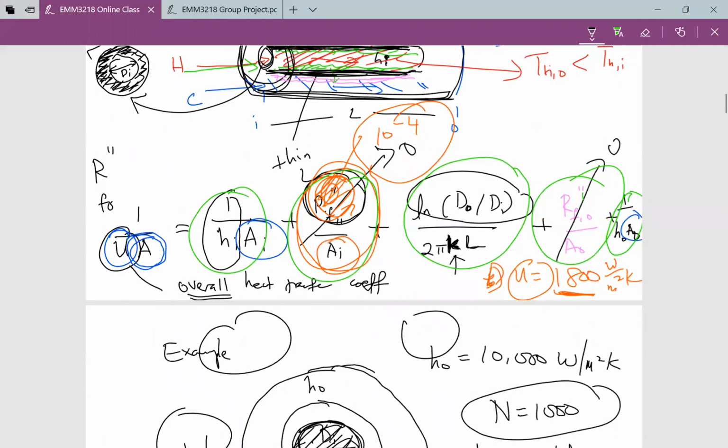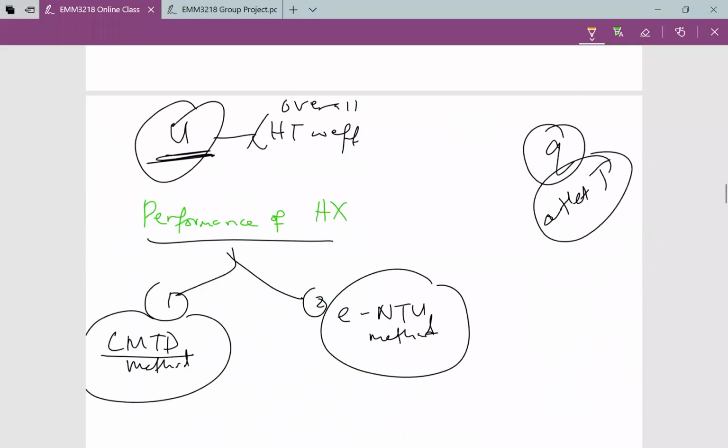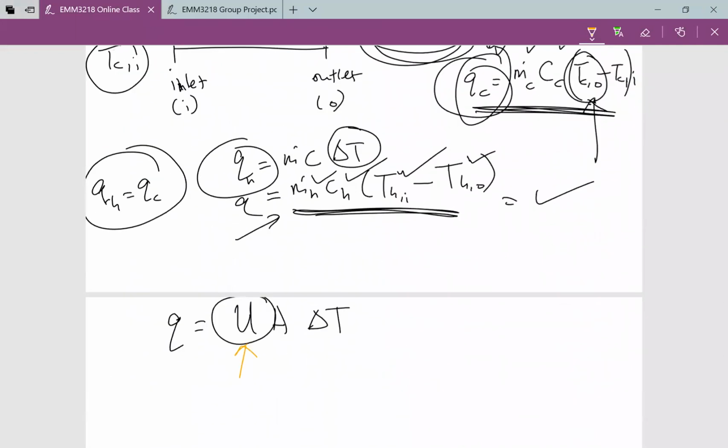This U here with this equation is the U that you have when you analyze the heat exchanger. A here depends on whether you are doing the analysis based on outer or inner surface area. This delta T is the log mean temperature difference, okay?